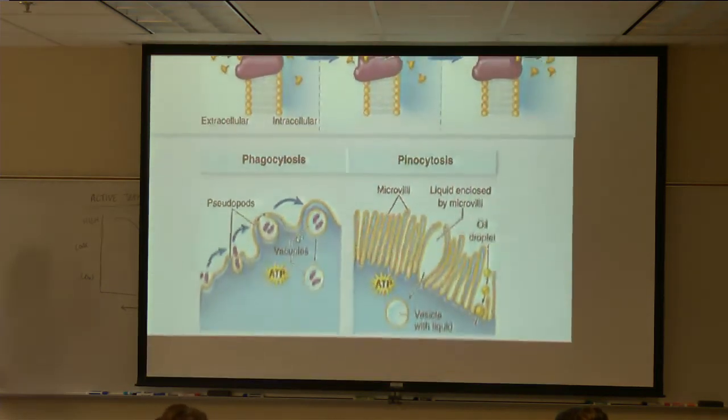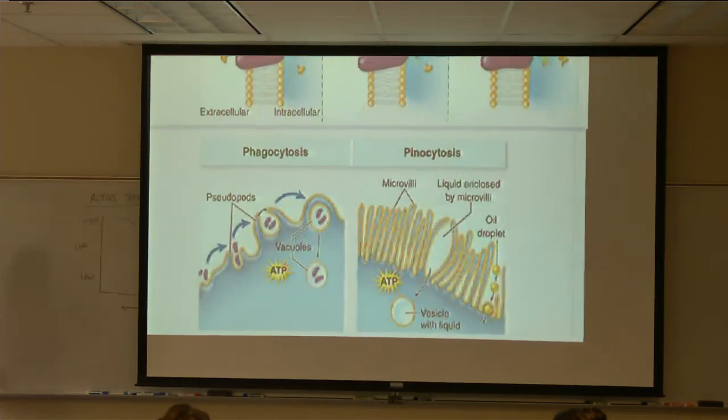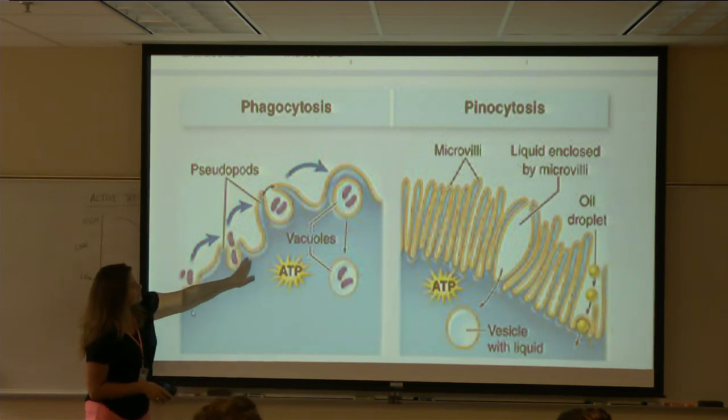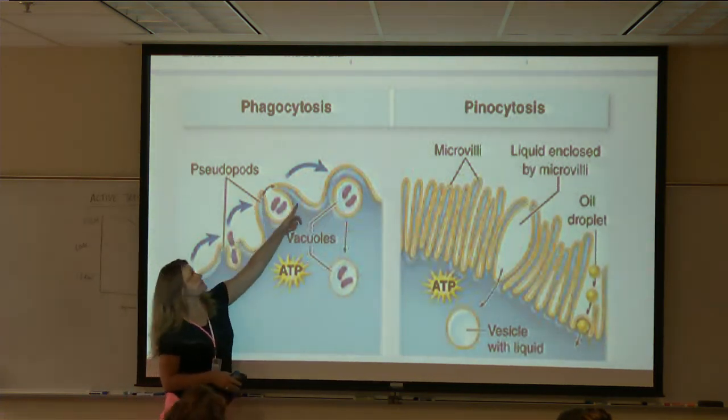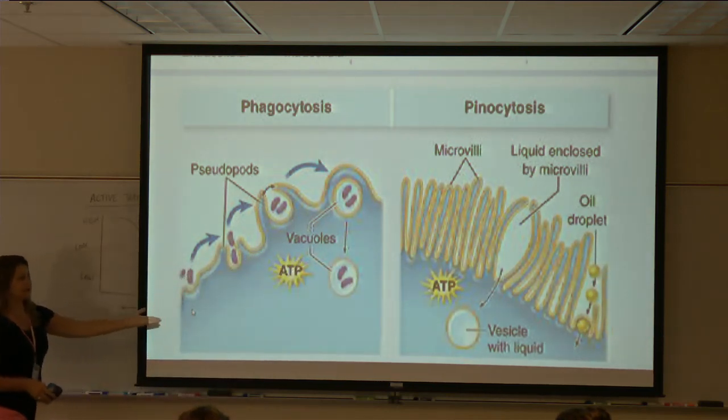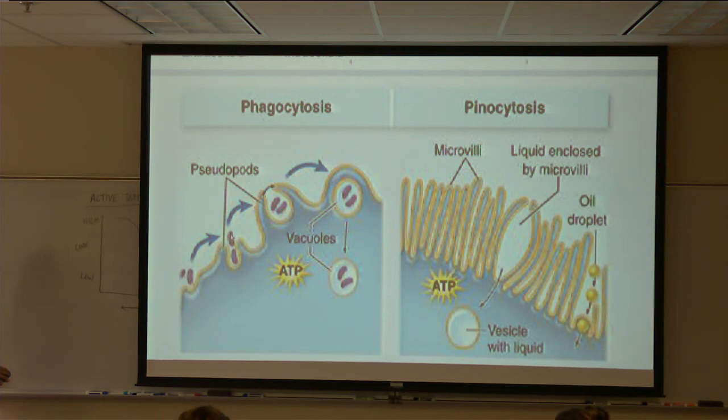Down here at endocytosis, phagocytosis, you're bringing in solid molecules, and you can see the cell membrane almost goes out, wraps around it, and brings it in through this bubble-like vacuole. These purple guys, the little bacterial cells, don't technically pass across the membrane like we saw with a pump or with simple diffusion.